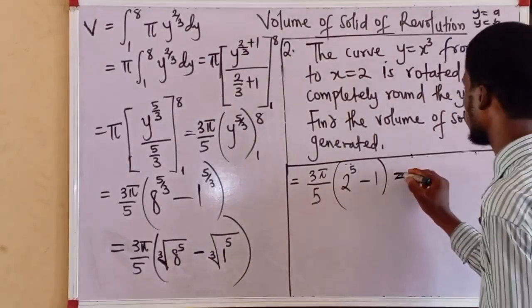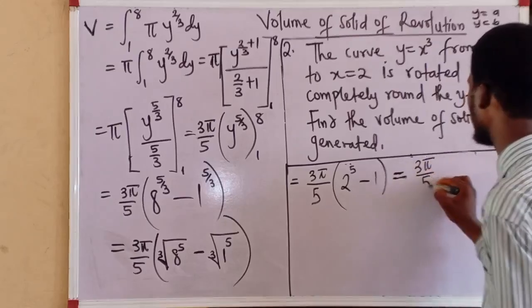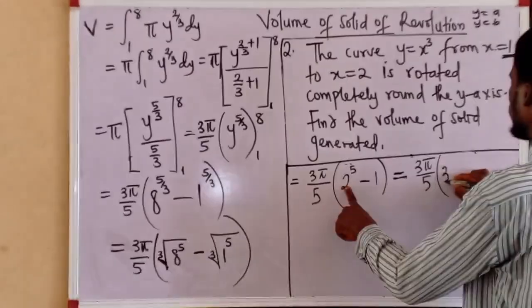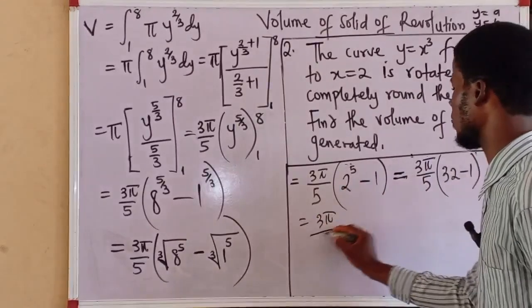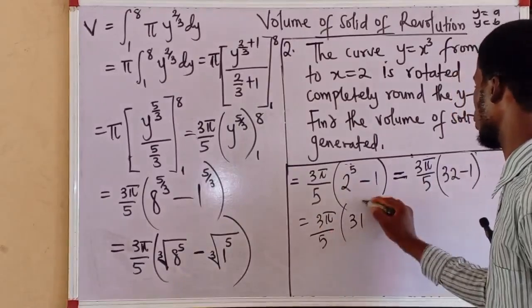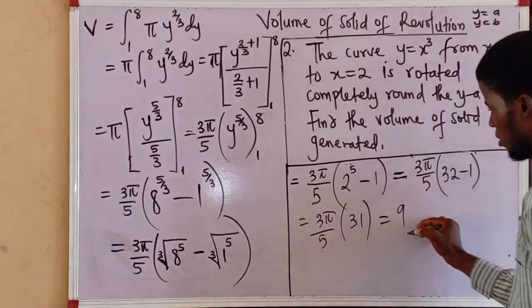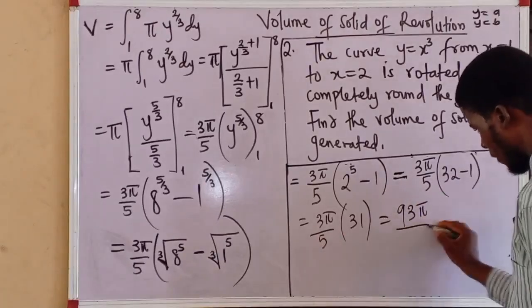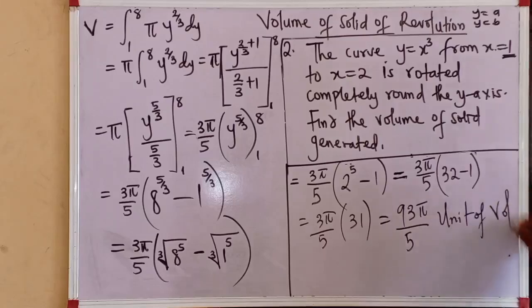So this is equal to 3 pi all over 5 into 32 minus 1, which is 3 pi all over 5 into 31. 31 times 3 pi is 93 pi all over 5 units of volume.